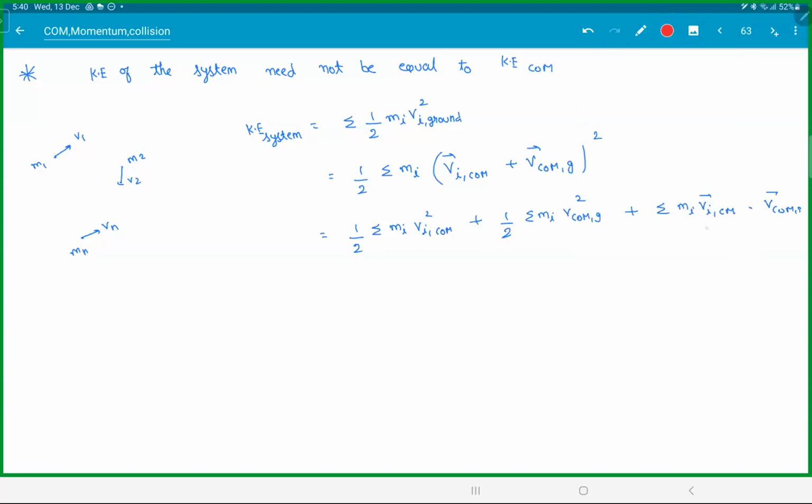Now, if you look at this term here, what is this? When you say mi vi center of mass, vi cm is the velocity, so this is the momentum of the particle with respect to center of mass.